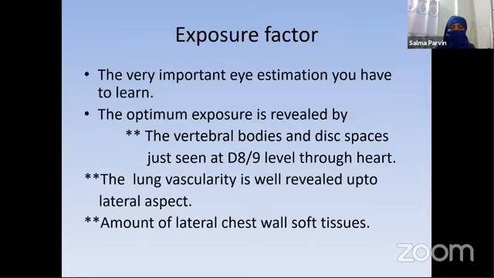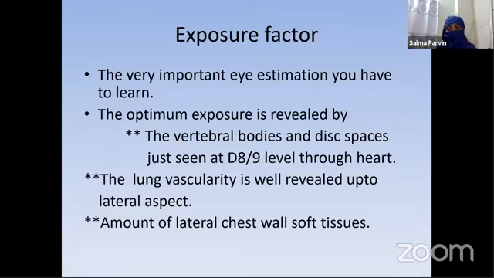So you must have a gross eye estimation of how the exposure factor interacts with this very patient during the exposure you made on the X-ray plate. So what is the optimum exposure?